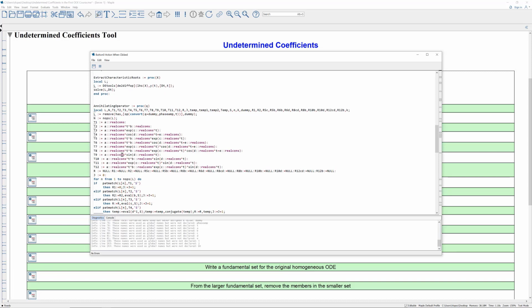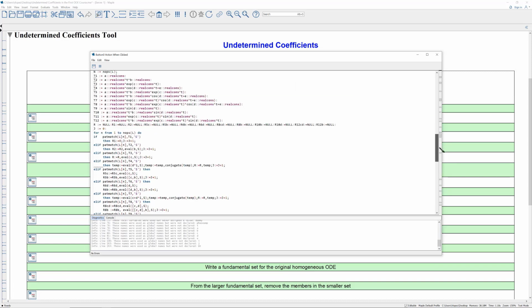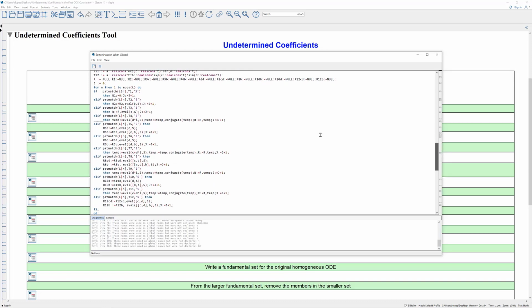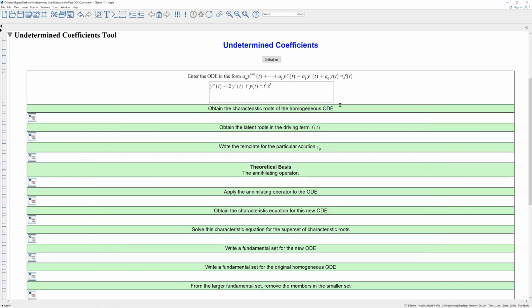Right here is some pattern matching to determine what that right-hand side looks like. And right in here, I'm constructing from those patterns the appropriate part of the annihilating operator. So let's just run through this example. Click this button.